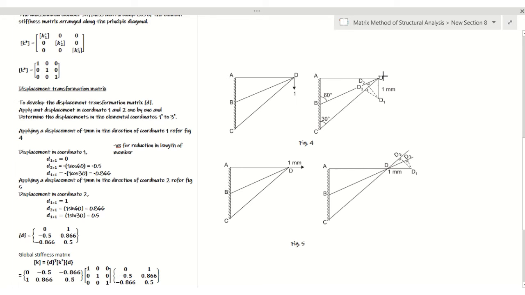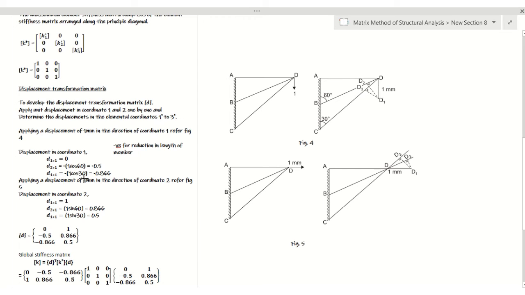Similarly, due to unit displacement in the global coordinate, what is the displacement along member CD, or in my third elemental coordinate? If I want to know that, what I need to determine is this DD3. Okay, so here it will be 1 into cos of 30.